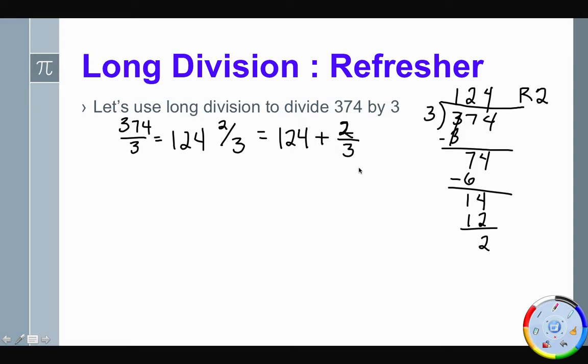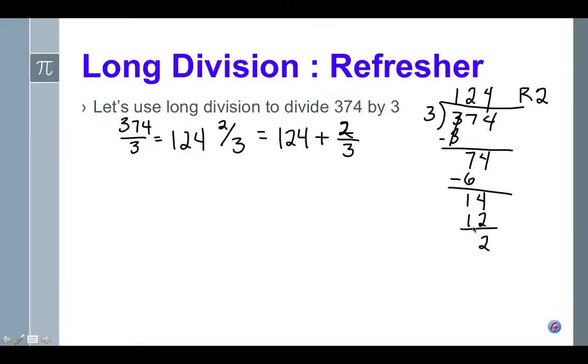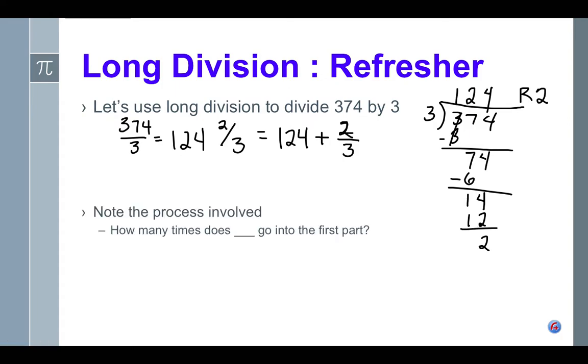What I really want to point out here is the process that we did. It's a very repetitive process, and the process really is, how many times does something go into the first part? So how many times does 3 go into 3? Then we said, oh, it was 1, so let's multiply and subtract. Once we subtracted, then we asked the same thing: how many times does that number go into the next part?